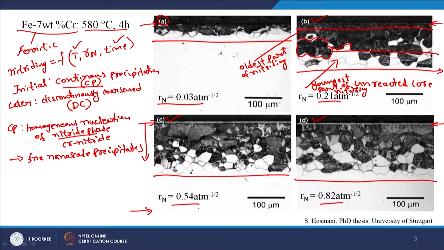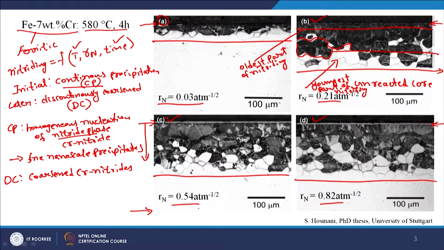Okay. Now, if you look at the discontinuous coarsened regions, the dark-appearing regions which we see close to the surface, we have coarsened chromium nitrides.